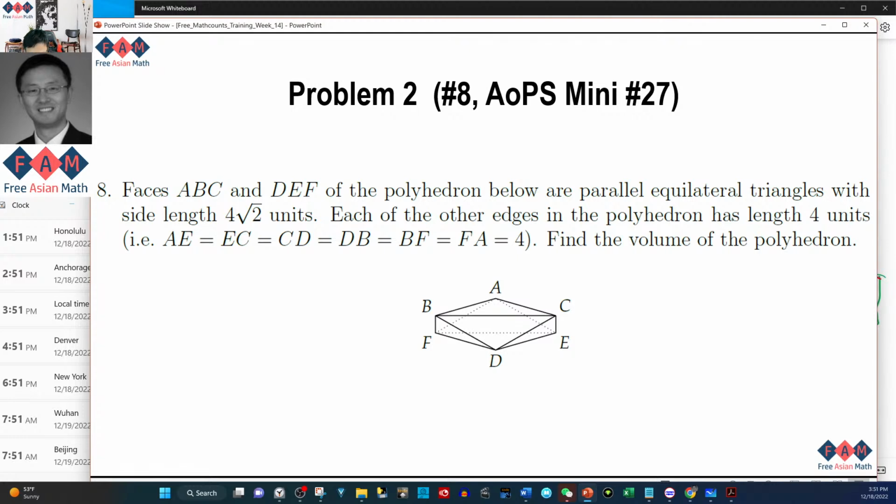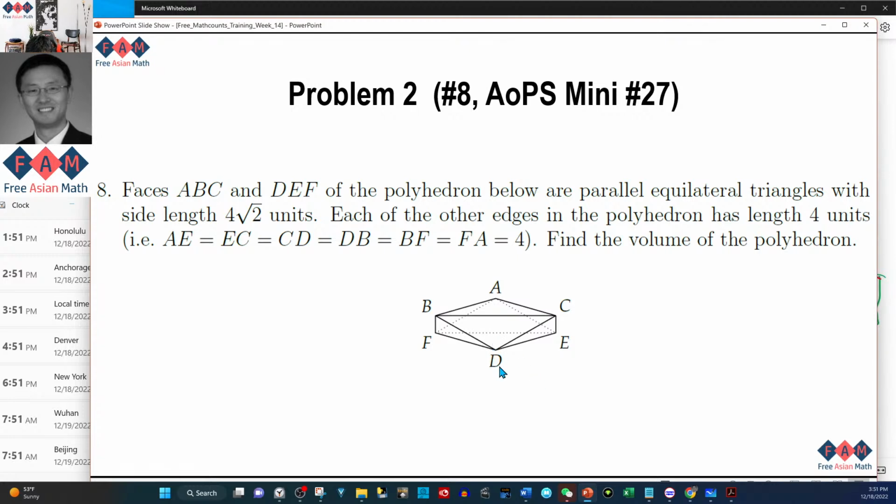Because this is a 3D geometry problem, you have to try very hard to have some spatial imagination about the geometrical figure here. It's not very easy to see here, but they are parallel to each other. And the figure is misleading, but at least it's not randomly drawn. So at least it should be reasonably close to the problem.